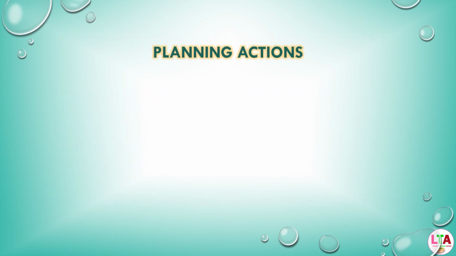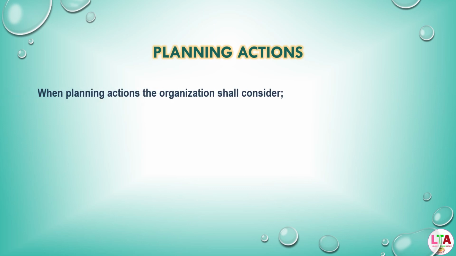Based on the significant aspect criteria, we identified the significant aspects, reviewed the existing controls and proposed the new controls. The proposed controls need to be implemented. For implementing all these things, what actions need to be carried out?